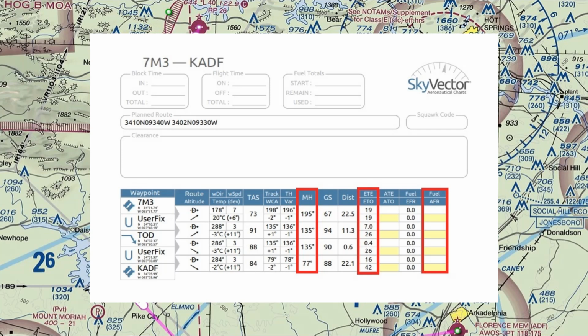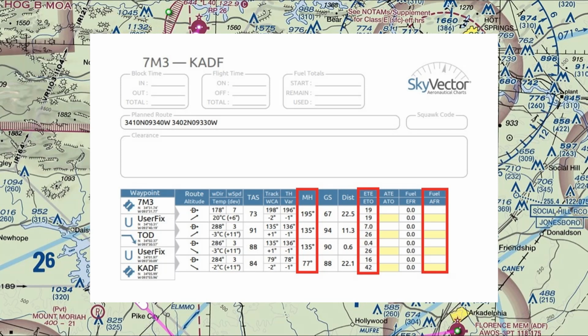So just as a quick refresher, the first column of magnetic headings that we're looking at, they're what we'll be flying based off the aircraft's compass or directional gyro, both of which are referenced to magnetic north. Each time we turn over a waypoint, we'll look at the next magnetic heading in the column and then we'll turn onto that heading. For the ETE, or estimated time en route, that's the time between each waypoint.